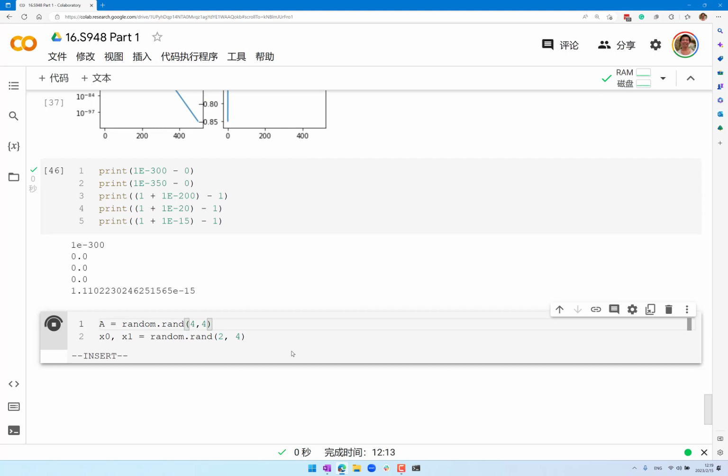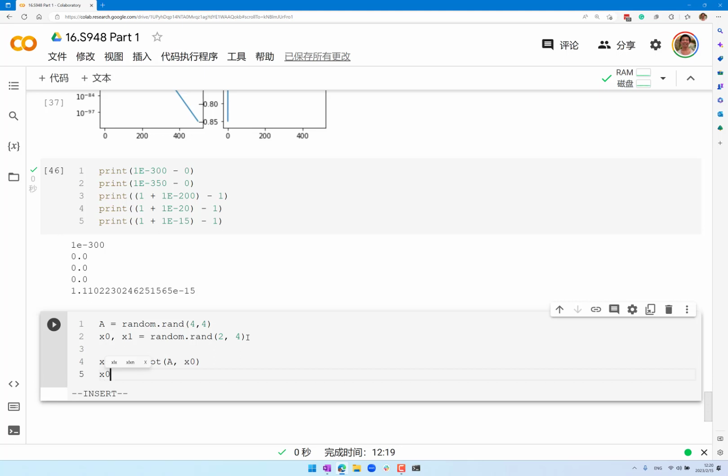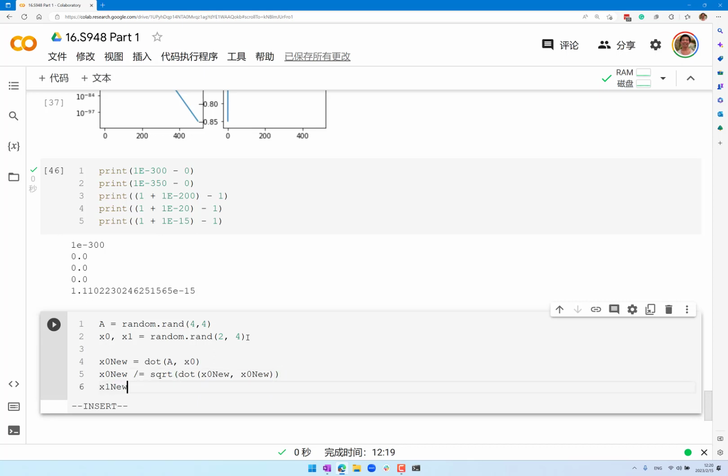Let me illustrate the procedure. x0 new is going to be dot of a and x0. Then x0 new is divided by the square root of dot of x0 new, x0 new, so that makes it a unit vector. x1 new is going to be dot of a and x1.